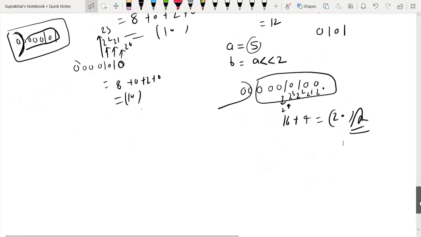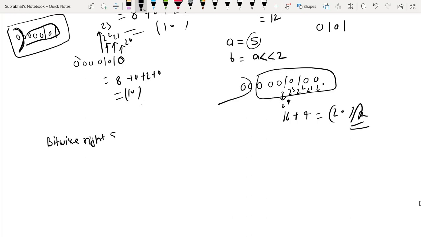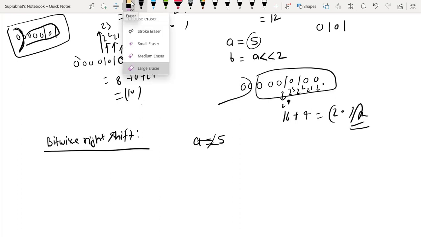So the final topic that I am going to discuss is the bitwise right shift. Again, let's see another example so we will understand the mechanism properly.